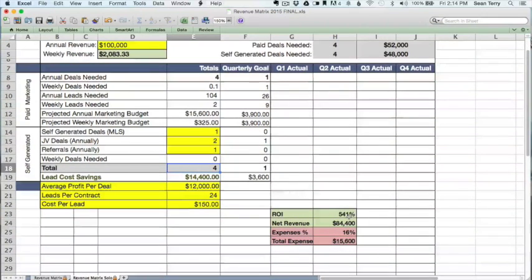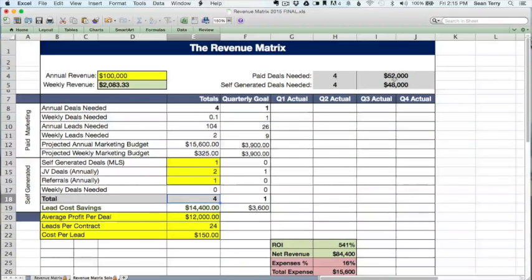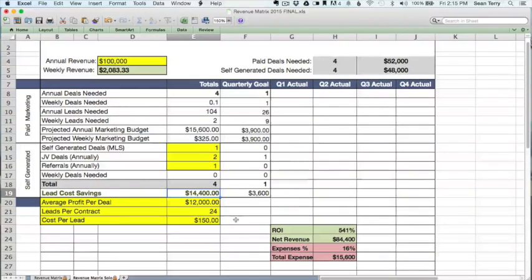It increases our ROI from 233% to 541%. It gives us a net revenue of $84,000, expense ratio of 16%. We got 4 deals coming from paid and 4 deals coming from referral sources, right? And we save $14,400 in marketing. So now this is on a small scale as a solopreneur.